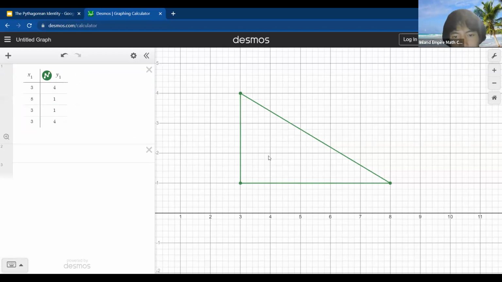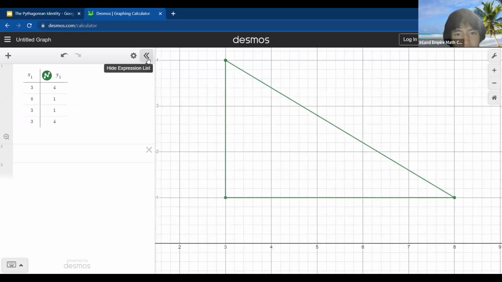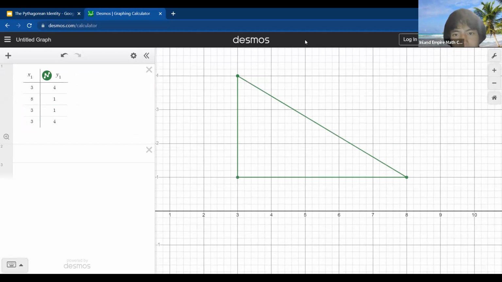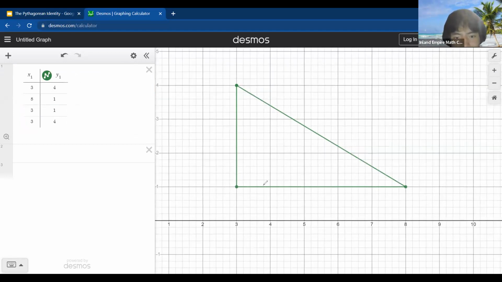Now that would give you this point. And then if you connect all of these, you see that, again, you have a right triangle, right? So you see that this here is a perpendicular right angle. And moreover, since we know the coordinates of these points, this is 3, 4, and this is 8, 1, we can figure out the horizontal distance and the vertical distance, right?